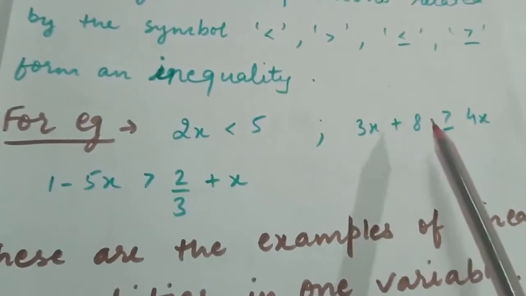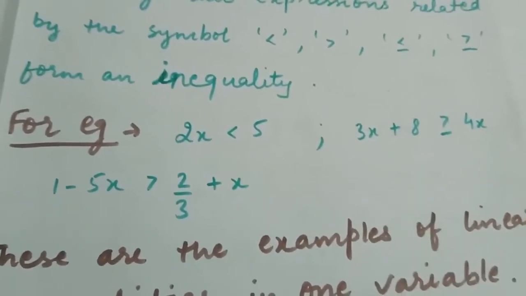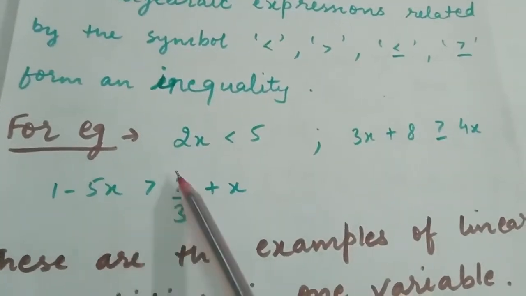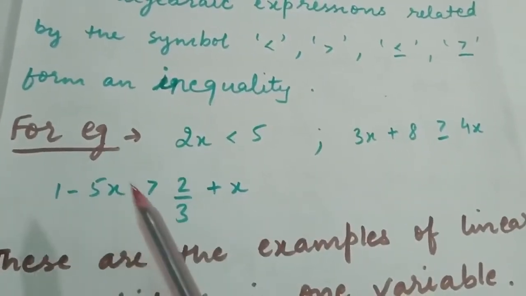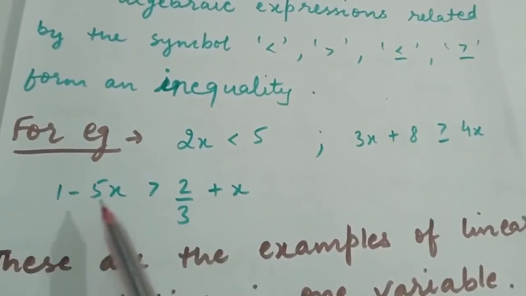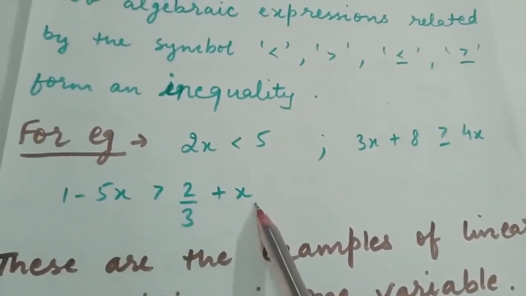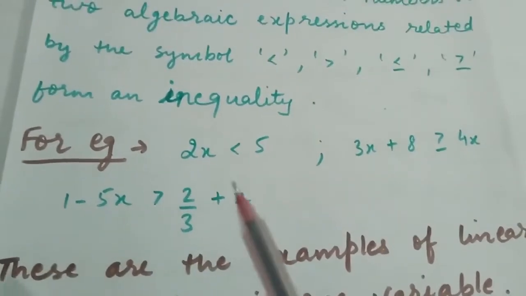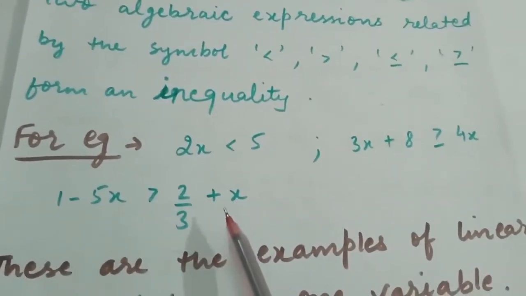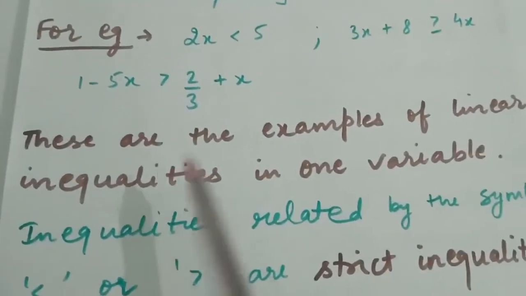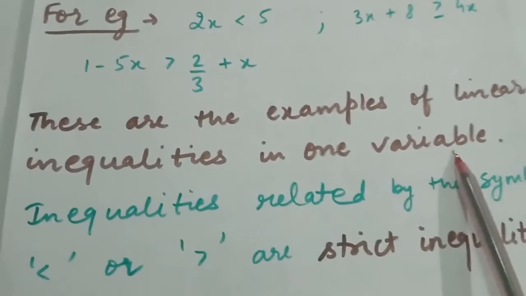Similarly, this is also a linear inequation in one variable. This is also an inequation, right? There is only one variable x, and the power of the variable is 1. So these are examples of linear inequalities in one variable.